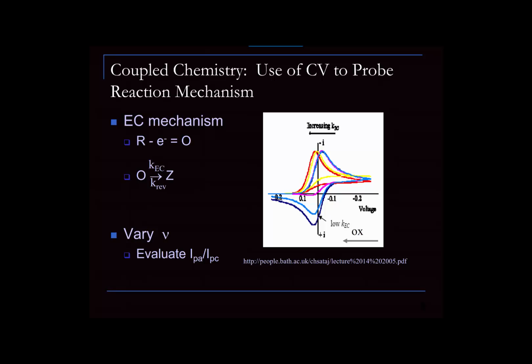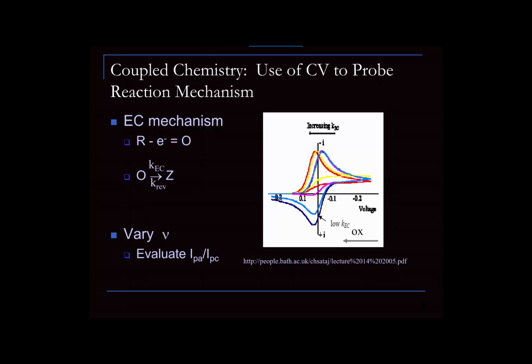On the other hand, if KEC is really fast, then you won't have any O to re-reduce, or very little of it, and the voltammogram will look more like the curves in pink and in red on the graph at right.